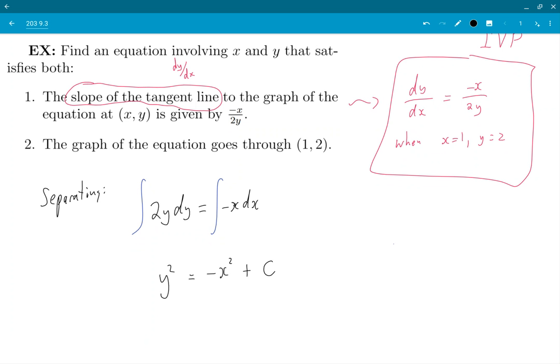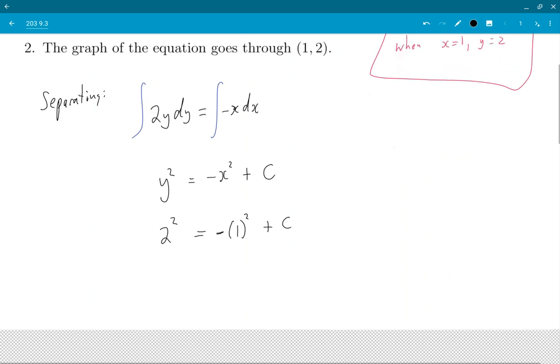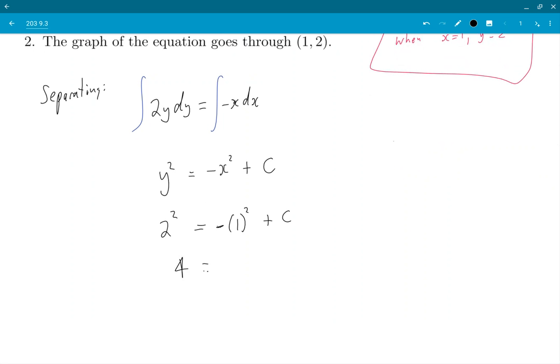And then to resolve the constant, you use this information. So I plug in my 2 for y, plug in my 1 for x. So that's 4 is equal to minus 1. Minus 1.